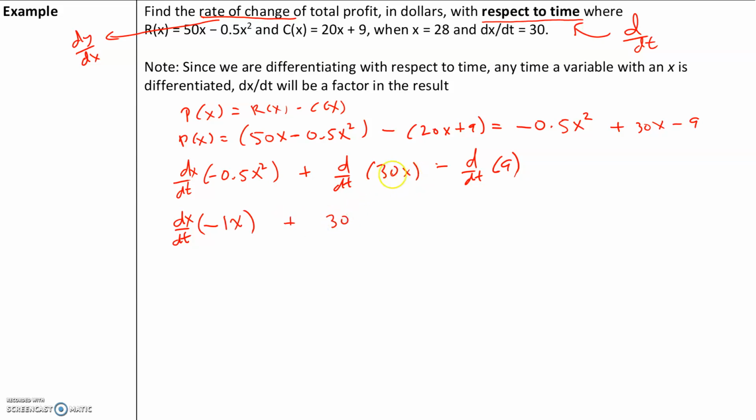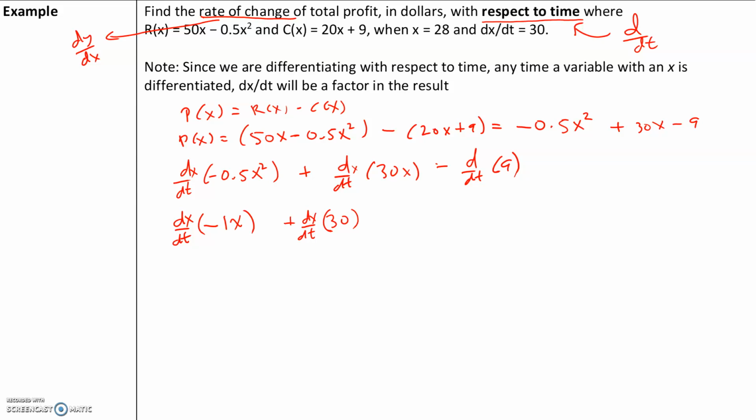So I have 30, but then if I put an x here, then this is going to give me dx dt times 30. And the derivative of 9 is going to be 0 because that is a constant. So we get this. And this is the derivative.